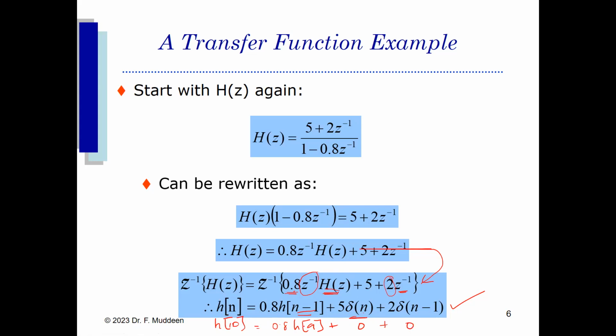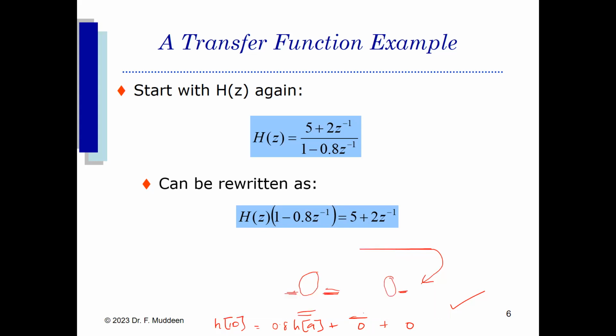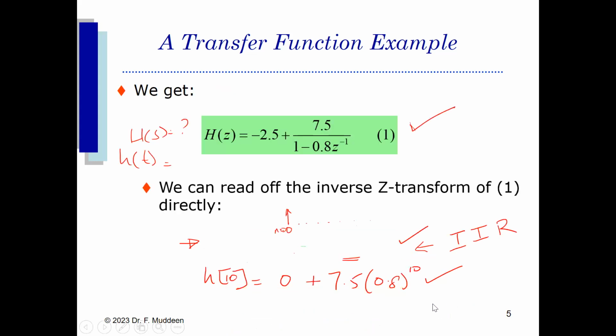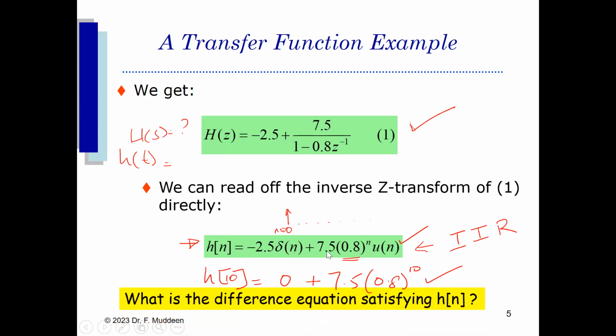So h[10] is 0.8 h[9], but where's h[9]? You have to go back in here. h[9] will be something in terms of h[8], then h[8] in terms of h[7]. So you're going to get h[10] in terms of a whole series of things, and then you add up all of that, and you would get the same answer that you got if you were to plug 10 into this expression before. Yeah?